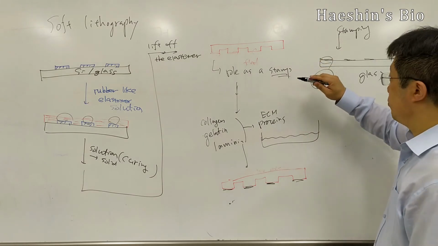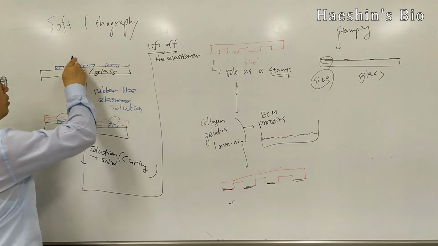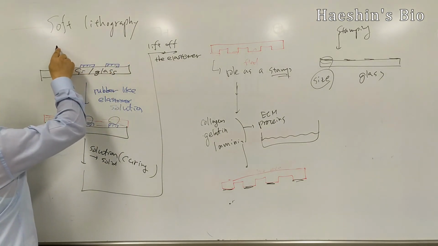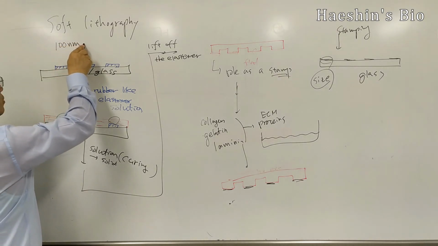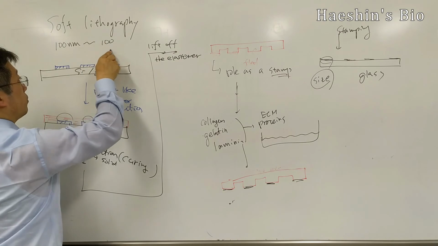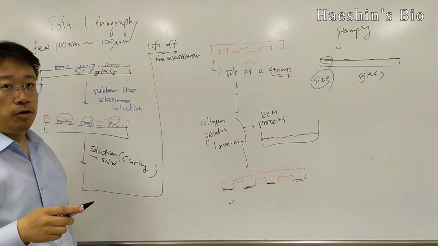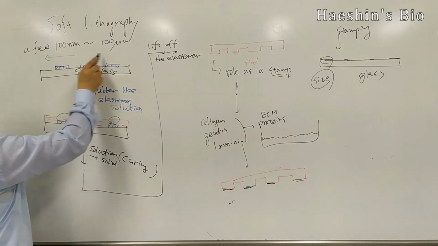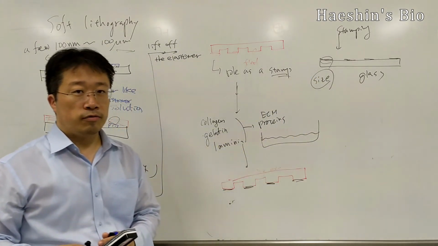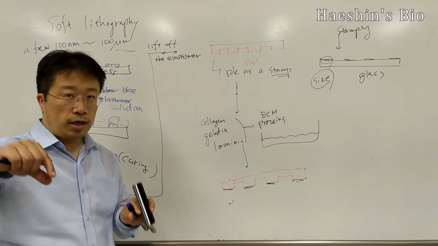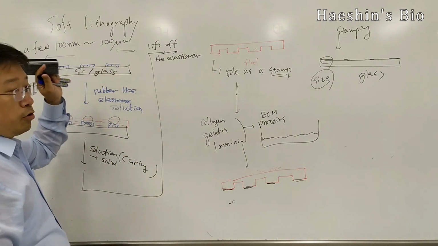So the lithography is basically in soft lithography, the scale of these patterns are usually about 100 nanometers to say 100 microns. A few 100 nanometers, or can go down, can go up, but typically speaking, you have these scales of line. You may have questions about how the line size can be 1 micron, 10 micron, or 100 nanometers.